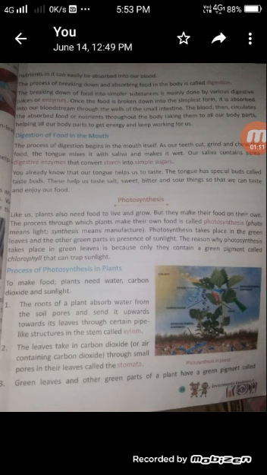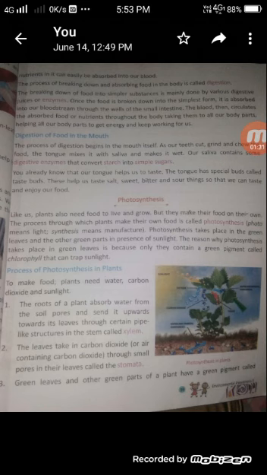The blood then circulates the absorbed food or nutrients throughout the body, taking them to all our body parts, helping all our body parts to get energy and keep working for us.